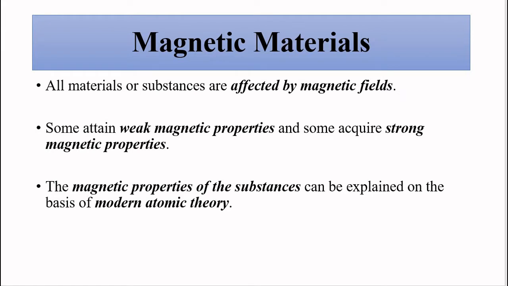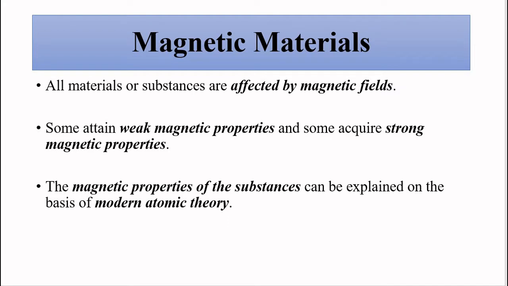The important properties related to magnetism which we have discussed: magnetic flux density, magnetic permeability, magnetic susceptibility, intensity of magnetization, magnetic intensity, all that we have discussed. So you can check that video first, then the other videos.